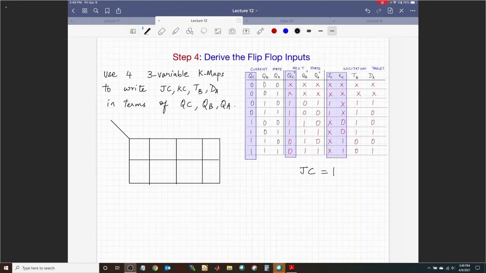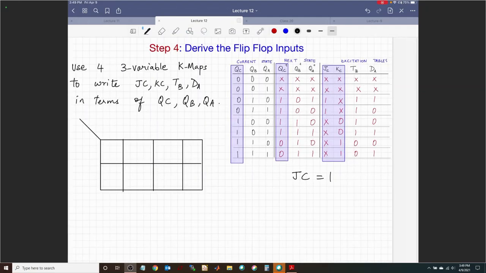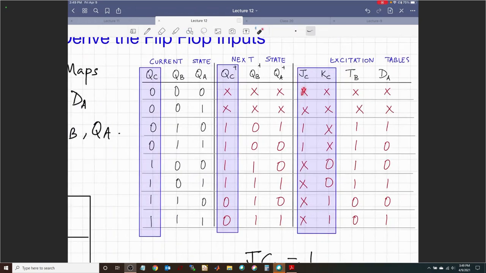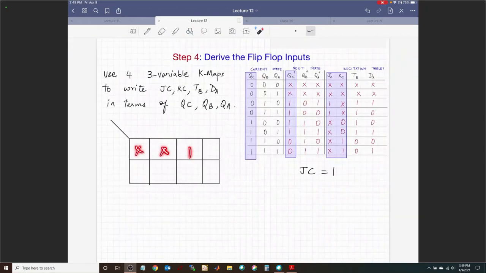You guys see it: JC is 1 because you have don't cares and ones over here. So if you fill it up in your K-map, it'll be don't cares or 1, which means you can combine it to make it 1. So JC is 1.